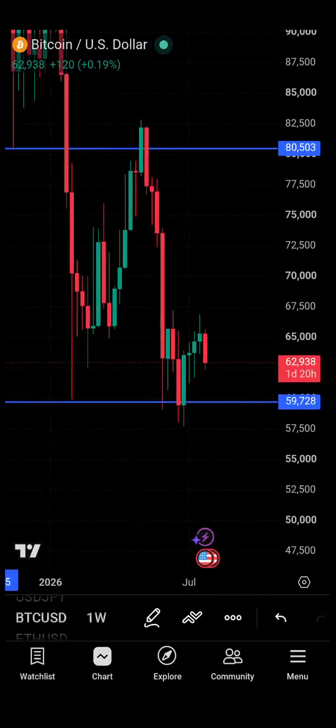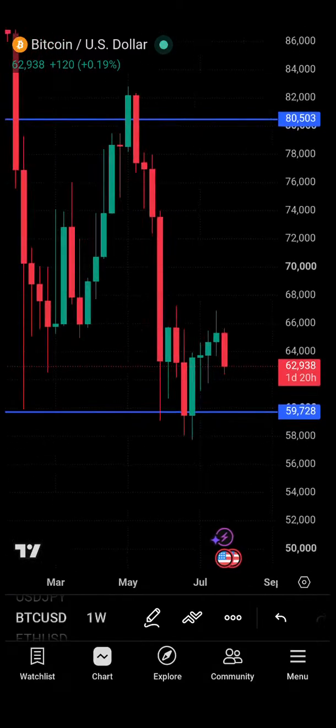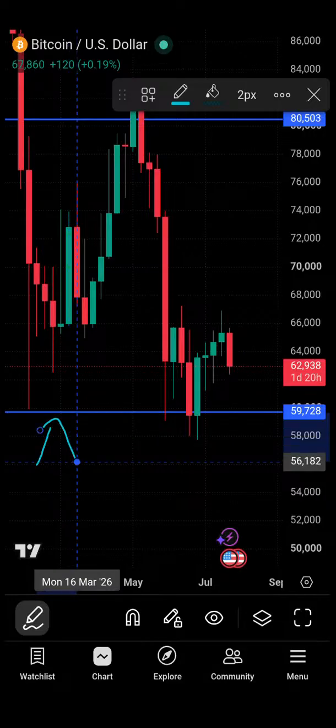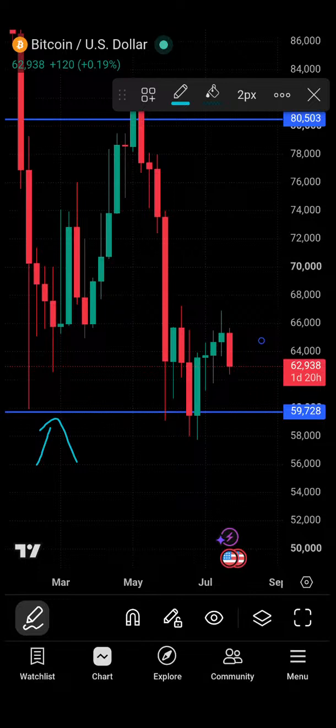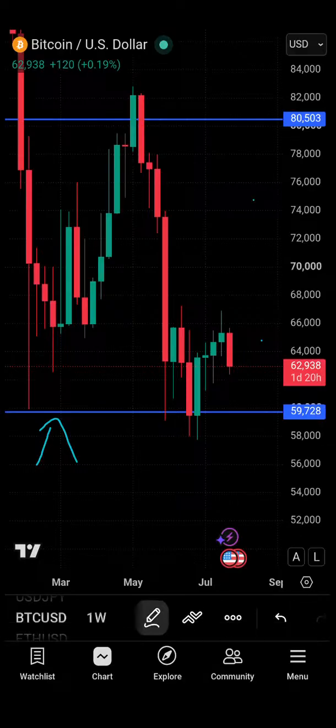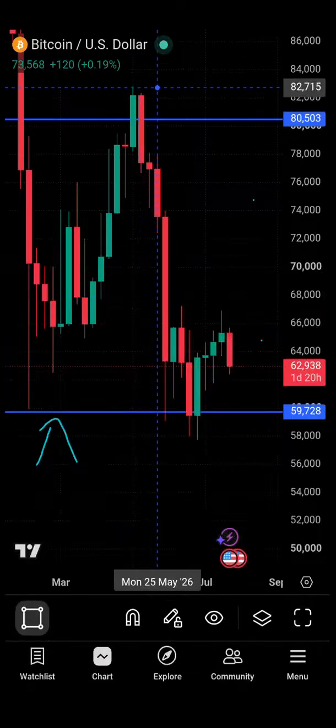Let me just show like this so that guys see what is happening. Since we have a break of structure here, it means that there is an order block around this area.